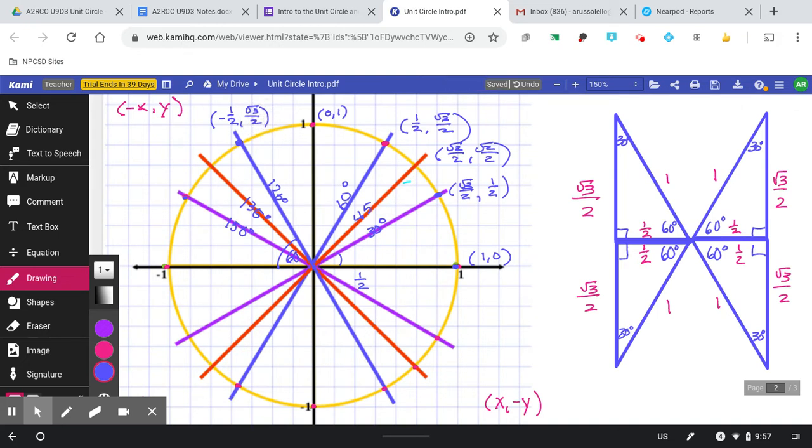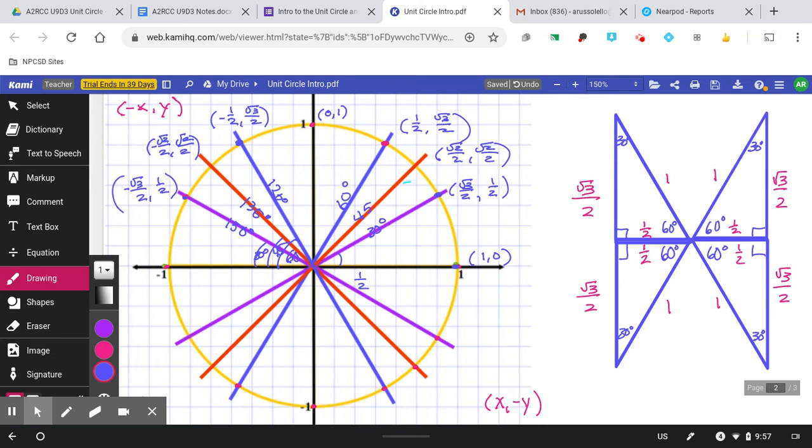At 135, the reference angle is 45 degrees. So that means that it's radical 2 over 2, but again, the x is negative in this quadrant. Okay, 150 degrees, the reference angle is 30. Okay, so that means it's going to be negative radical 3 over 2, 1/2.